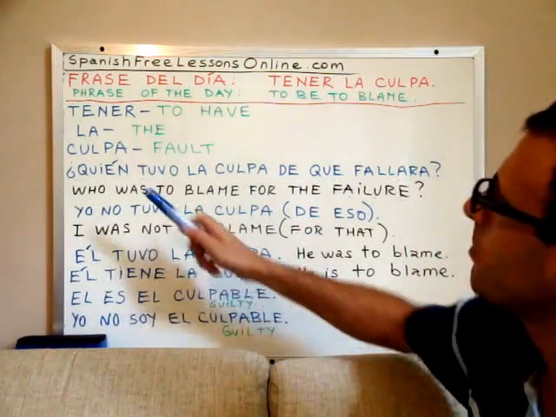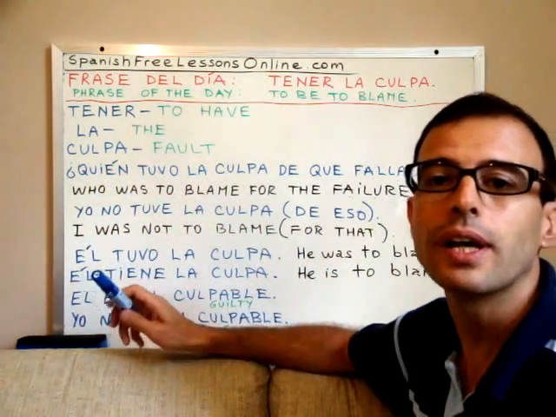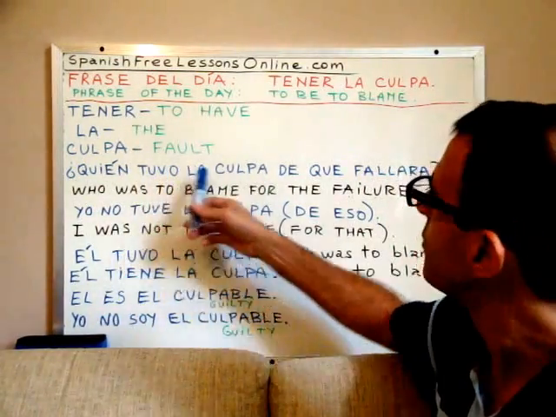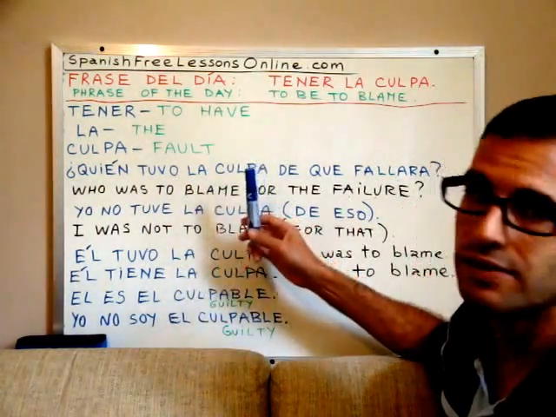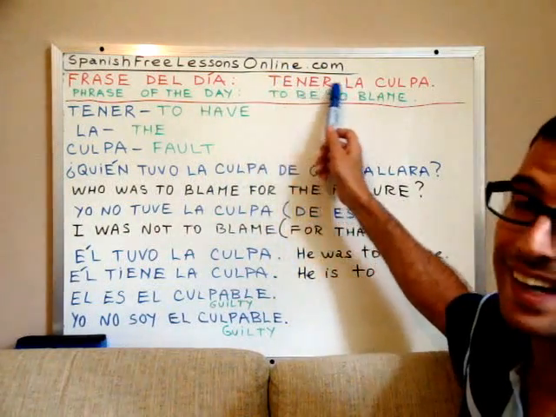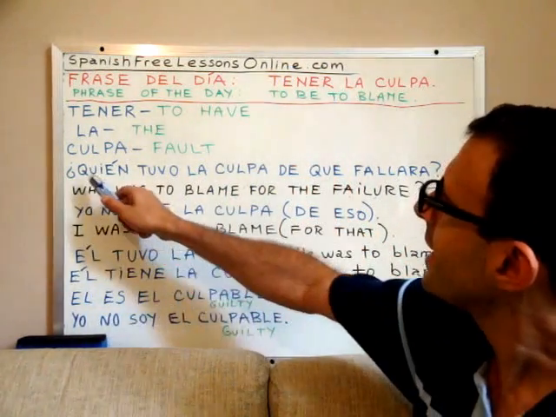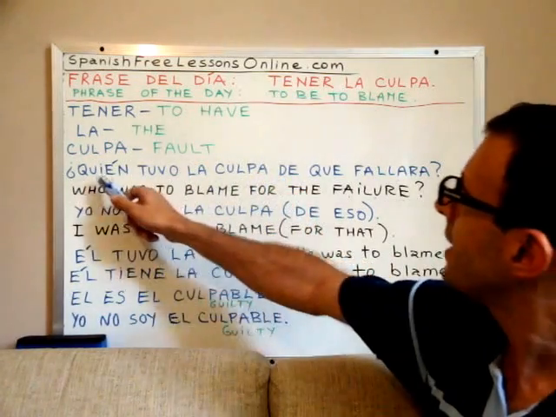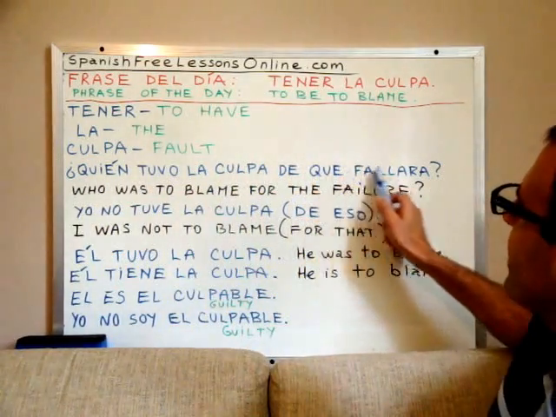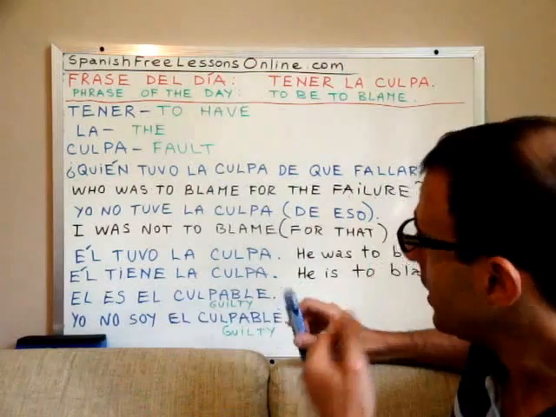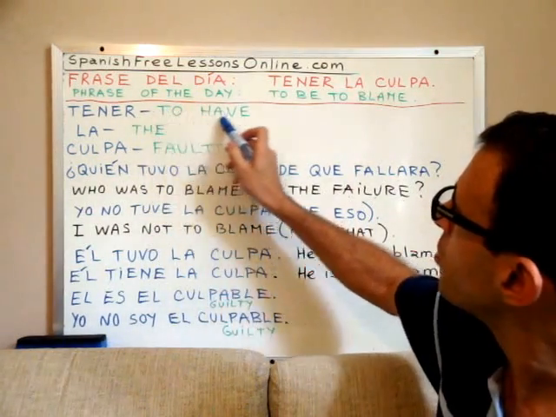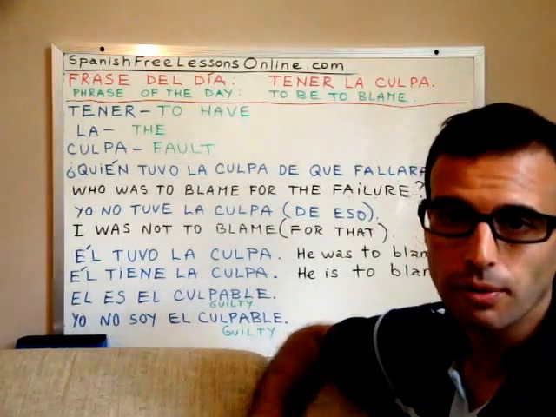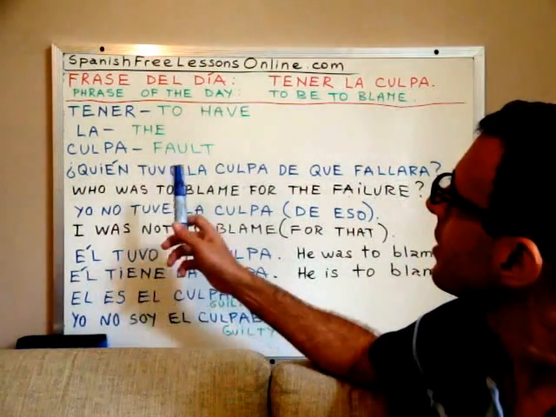Here we will see some sentences so we can see how it is used, how the structure is formed to build these sentences using the phrase tener la culpa. ¿Quién tuvo la culpa? ¿Quién tuvo la culpa de que fallara? You see that the verb to have, tener, is conjugated according to the tense, okay?